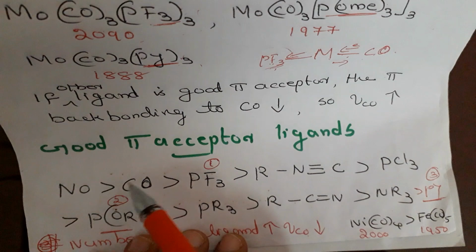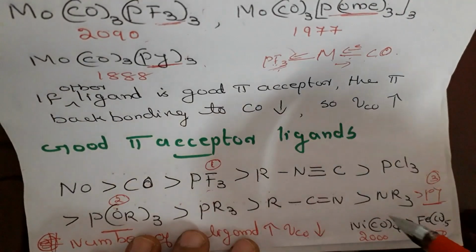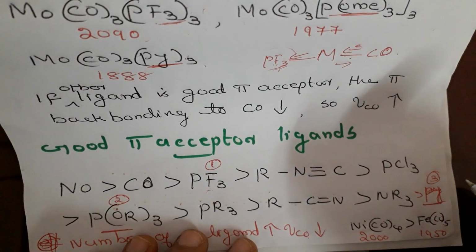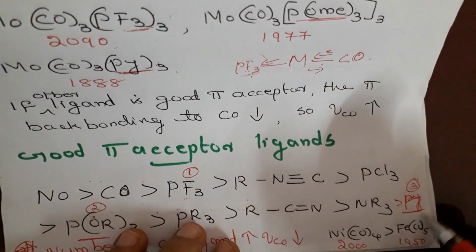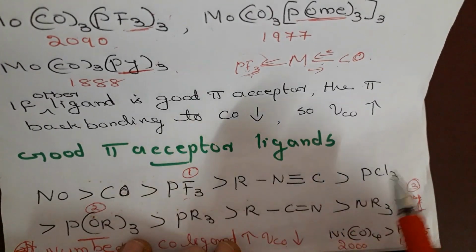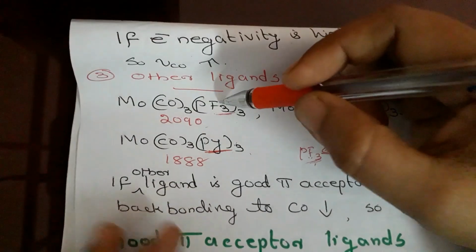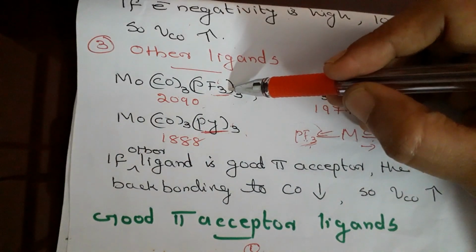NO is higher than CO, then PF3, RNC, PCl3, PR3. Lowest is pyridine; pyridine is a very low pi acceptor ligand. You have to know this order. So here PF3 is the first one, and it has the highest stretching frequency.